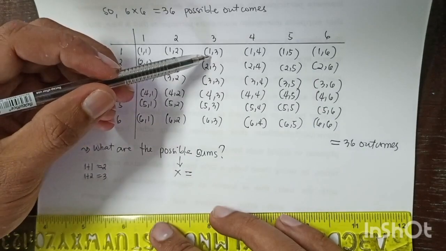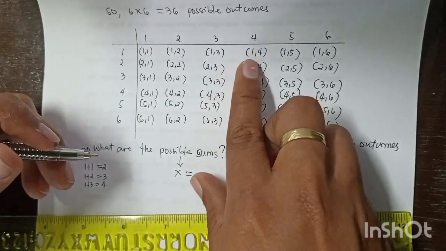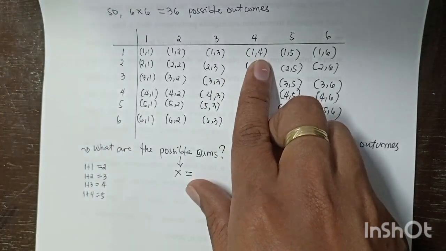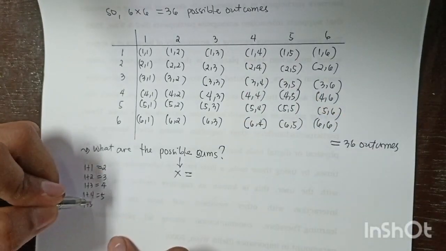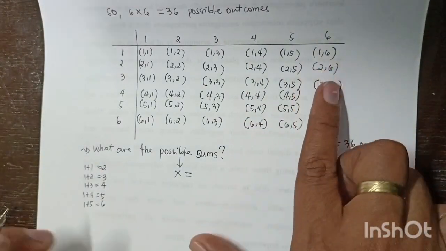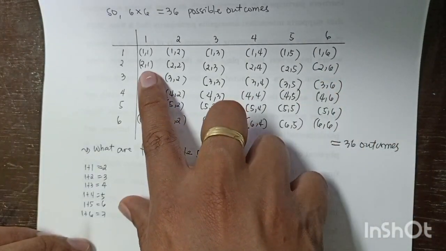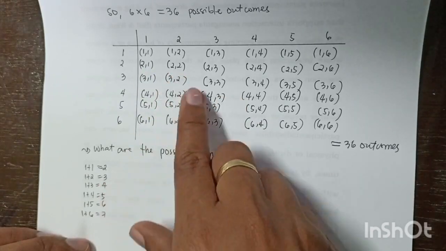For 1 and 2, 1 plus 2 equals 3. Then for 1 and 3, 1 plus 3 equals 4. For 1 and 4, 1 plus 4 is 5. For 1 and 5, the sum is 6. Then for 1 and 6, the sum is 7. Now for 2 and 1, the sum is 3.